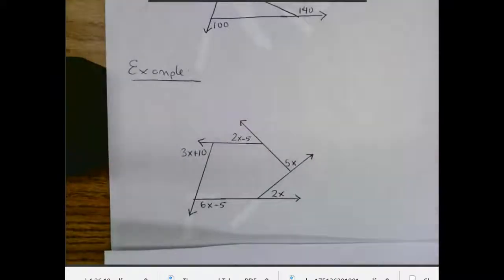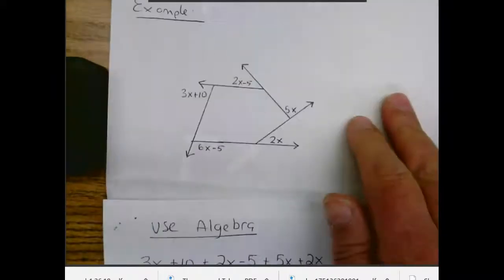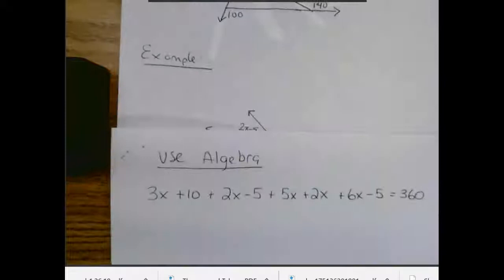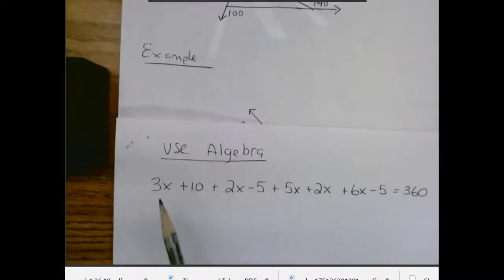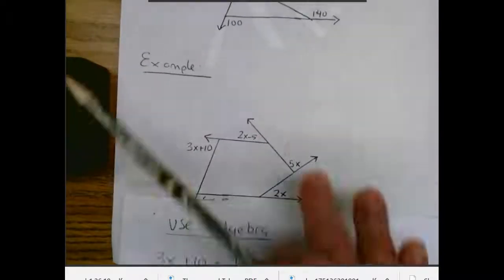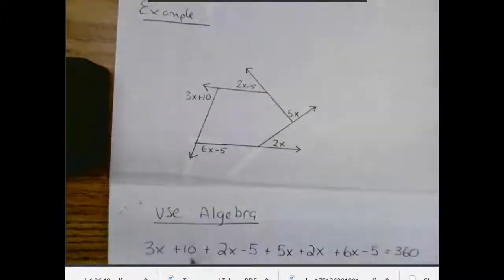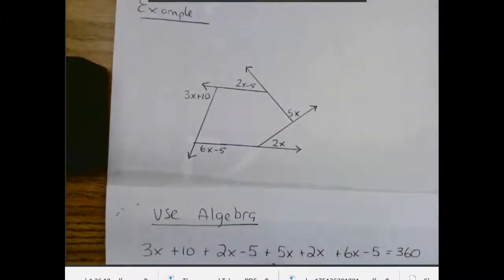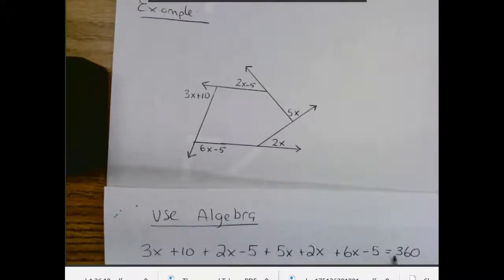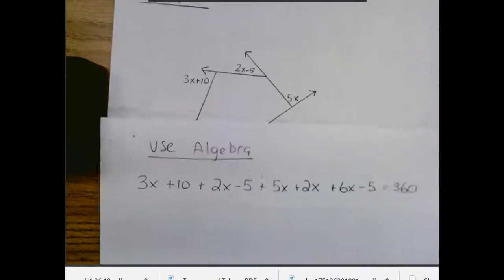So if we use algebra, I'll take each one of these, 3x plus 10 plus 2x minus 5 plus 5x. And then we have plus 6x minus 5. We make that whole thing equal to 360.